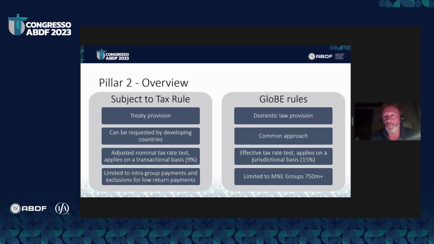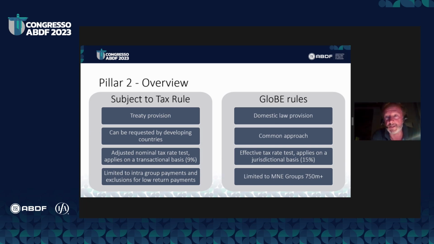Now, very briefly, because I don't want to dwell on this much further, it's important to remember, and it came out as part of the July package, the work that's been done on the subject to tax rule. This was a rule considered very important, particularly for a number of developing countries that considered they had high rates of taxation in their jurisdiction and that they were exposed under their treaties, particularly in regard to service payments and the risk that these could be used for base erosion and profit shifting.